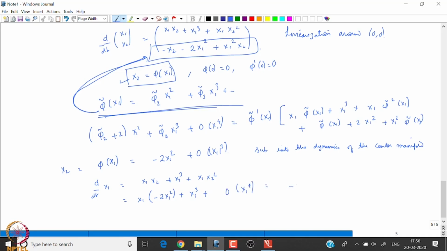That gives me minus x1 cube plus other terms of order 4 and above.